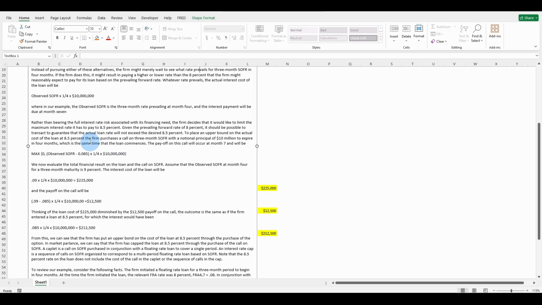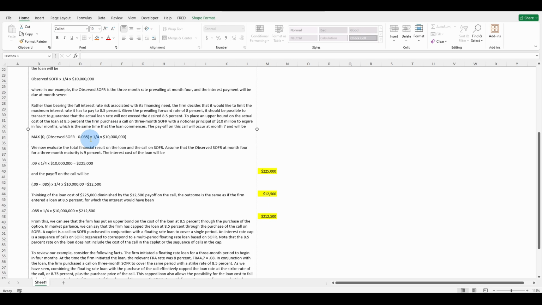To place an upper bound on the actual cost of the loan at 8.5%, the firm purchases a call on 3-month SOFR with a notional principal of $10 million to expire in 4 months, which is the same time that the loan commences. The payoff on this call will occur at month 7 and will be max(observed SOFR minus 0.085, 0) times a quarter times 10 million.